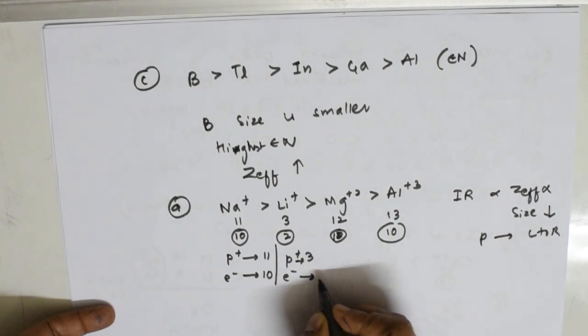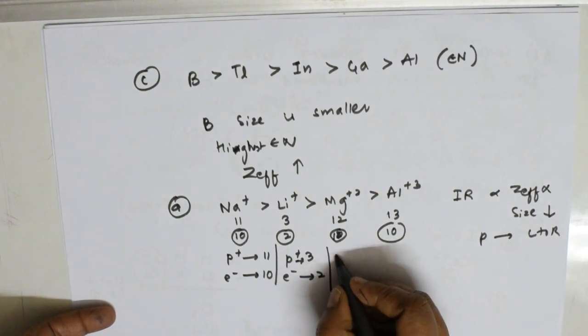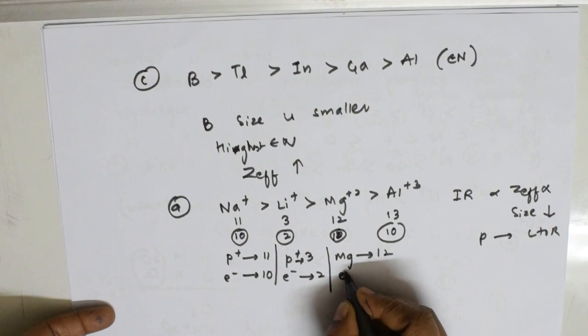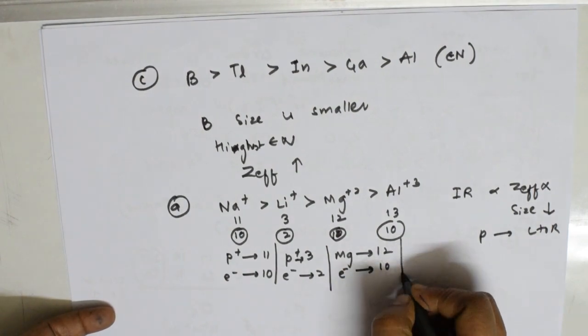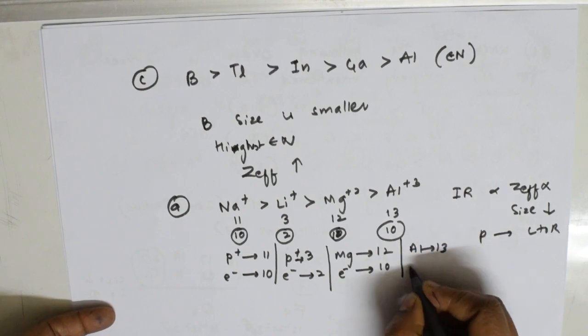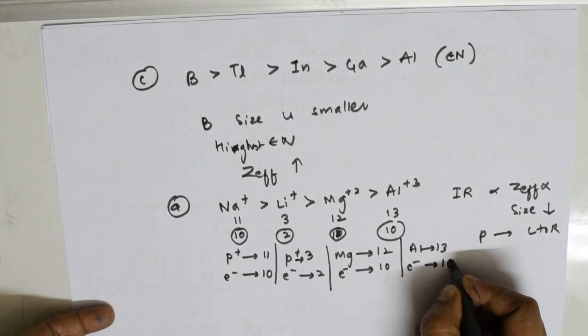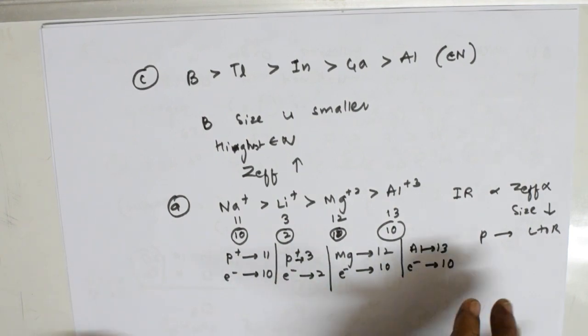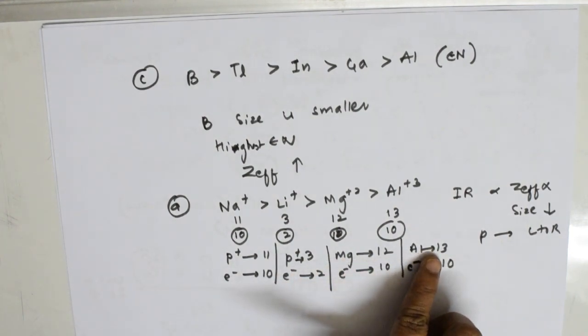Here electrons are how many? 2. Here magnesium, the number of protons is 12. Number of electrons is 10. Aluminium, the number of protons is 13, electrons are 10. Now, if I have to compare these two, here both are the same, no problem. But the pull will be more because the protons are more here. It starts pulling these electrons.